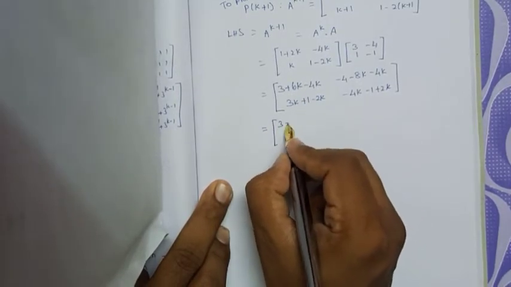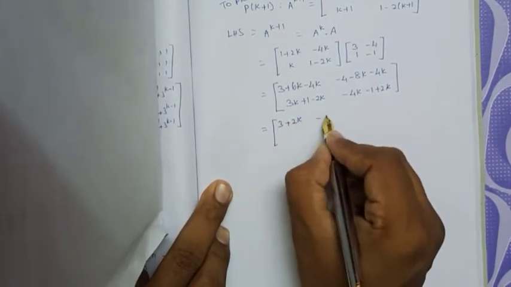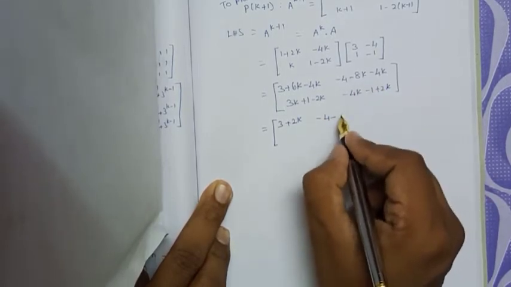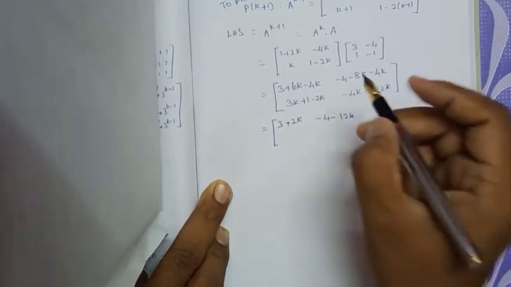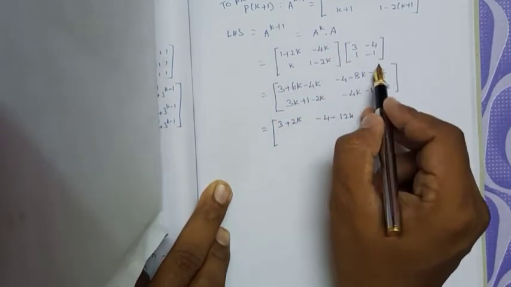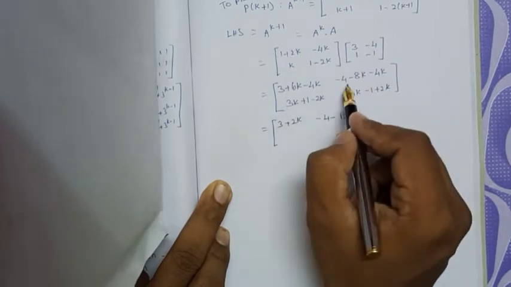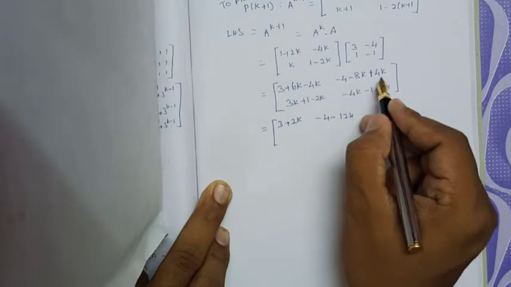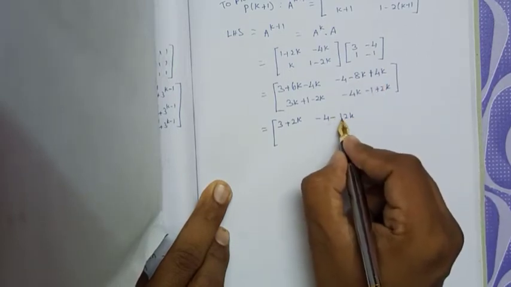Three plus 2k, here minus 4 minus 4 minus 12k. Okay, we can check once again the first row, second column. So minus 4 minus 8k, minus and minus plus 4k. Okay, so minus 8 plus 4, we get minus 4k.